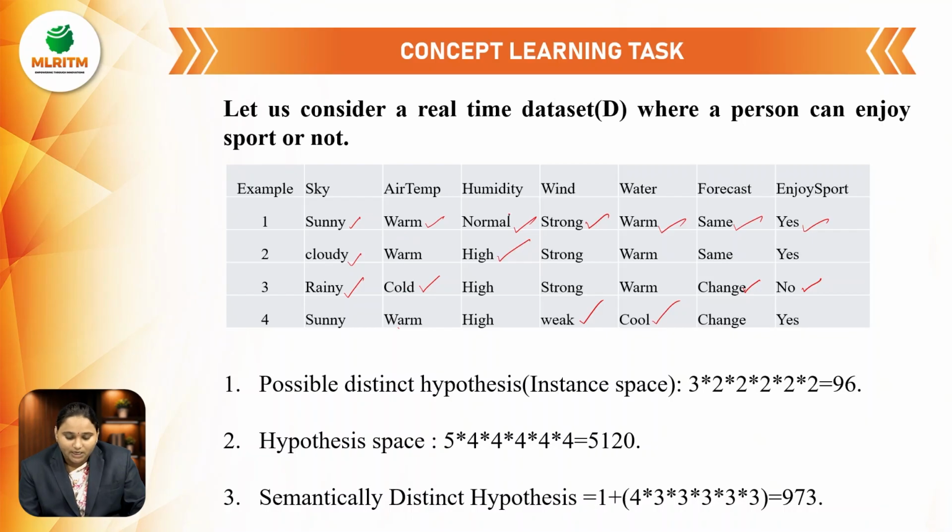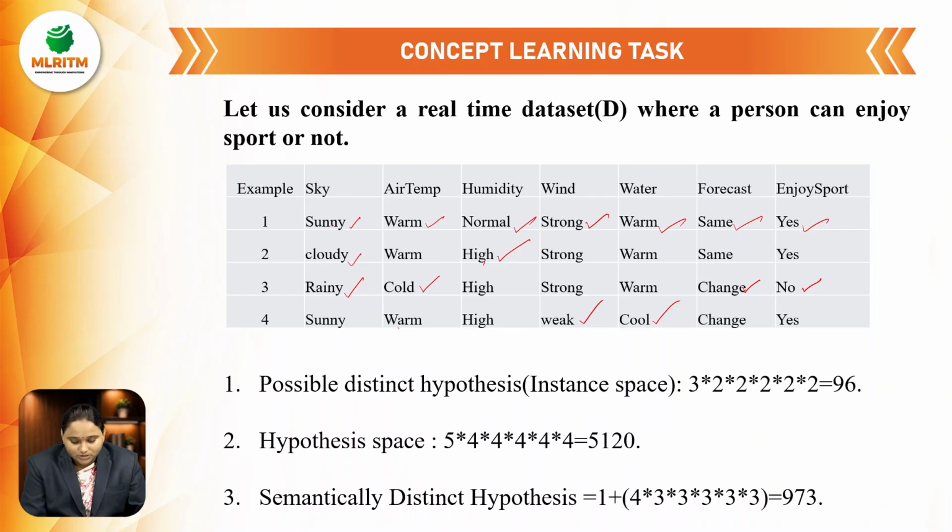Humidity has normal and high, the remaining two are high only. Wind is strong and weak, water is warm and cold, forecast is same and change. Here we need to select the different types of values. We need to count how many there are first.